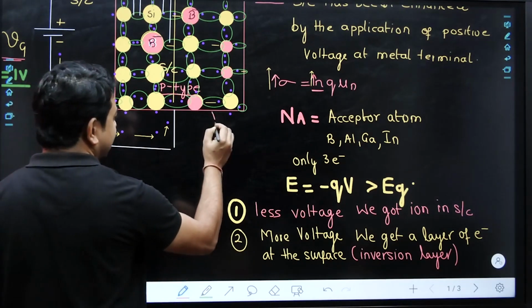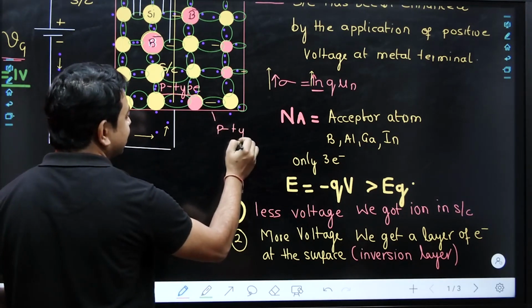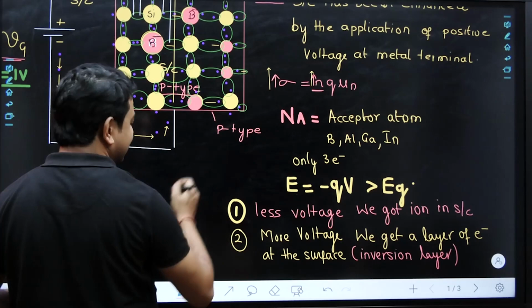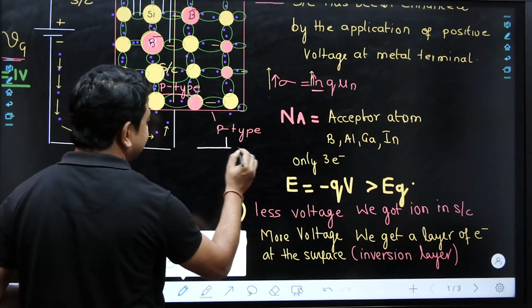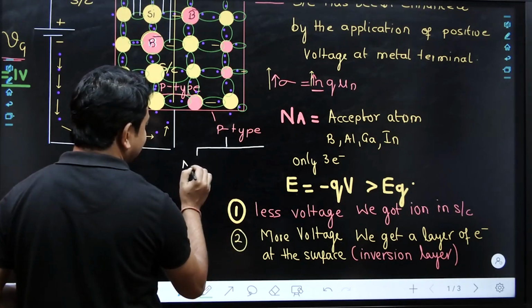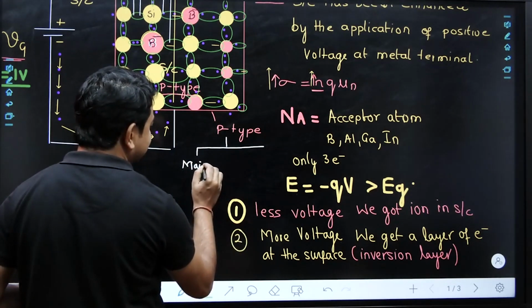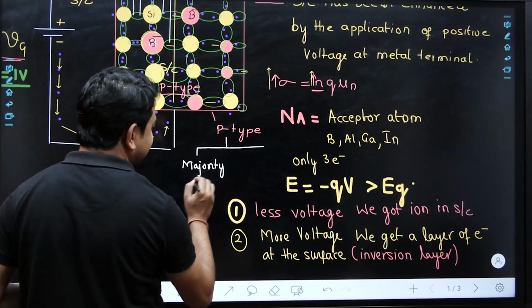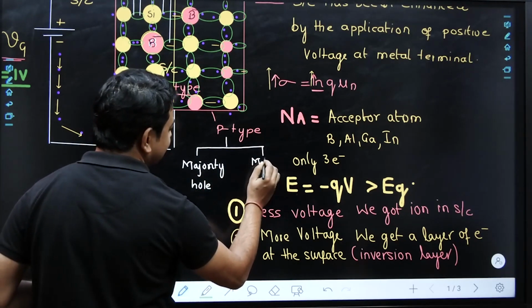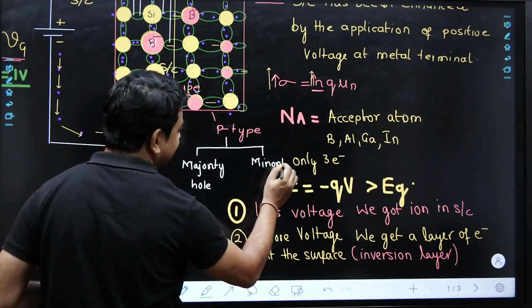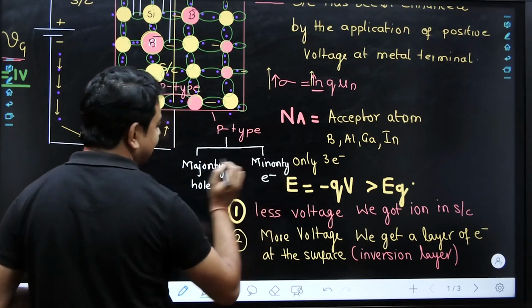A p-type semiconductor has majority charge carriers, which are nothing but the holes, and the minority is nothing but the electrons.